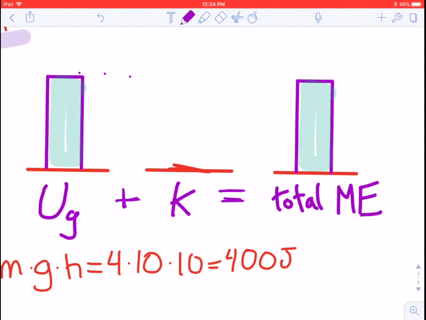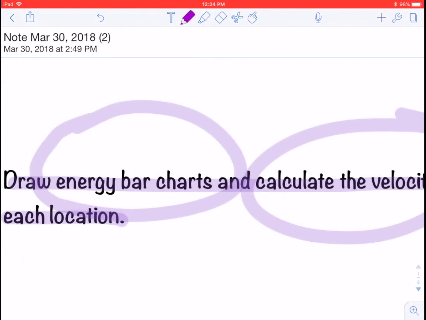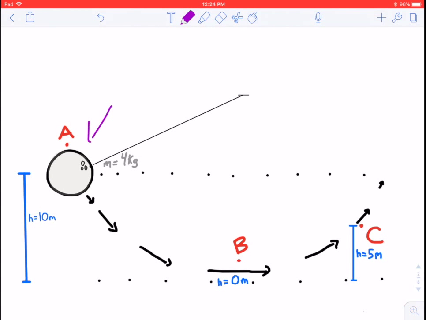Remember that we're also supposed to be calculating the velocity, but at location A it's really easy because it's going 0 meters per second. It's at the very top of its path where it comes to rest.